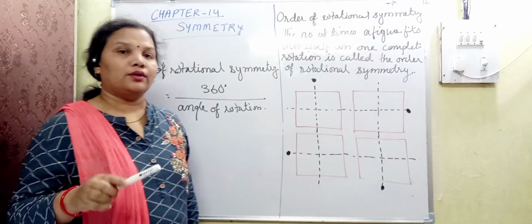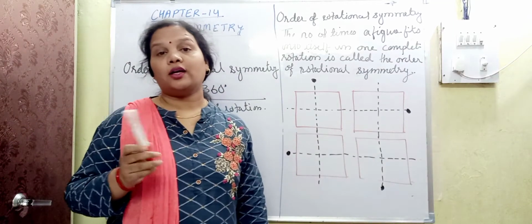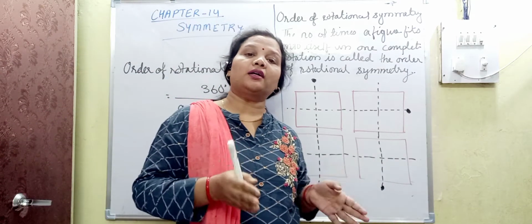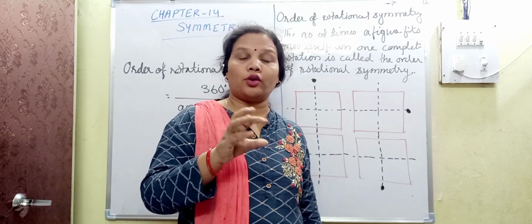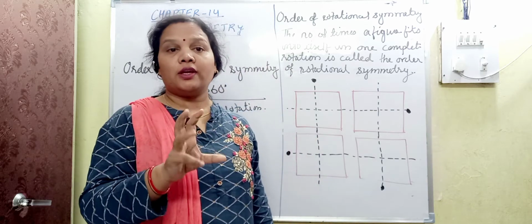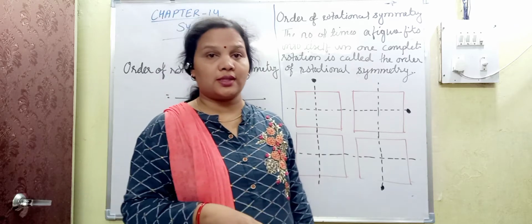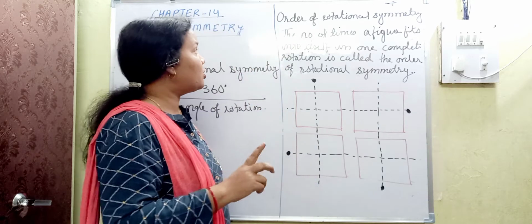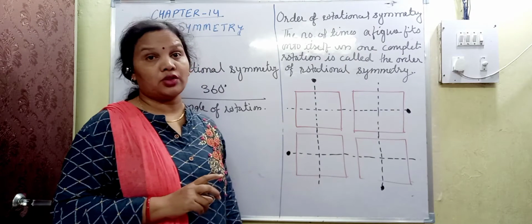The angle of rotation is the minimum angle by which, if we rotate any object about a fixed point, it will give you the same shape and size. After that, I am going to tell you about the order of rotational symmetry.